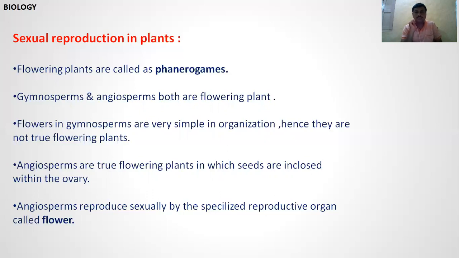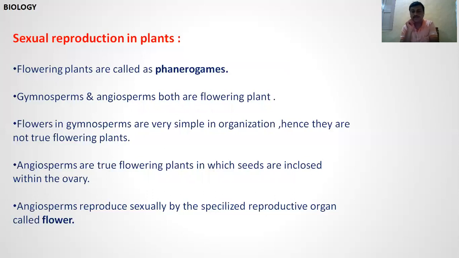Angiosperms reproduce sexually by a specialized reproductive organ called the flower. The flower is a highly modified and condensed reproductive shoot.